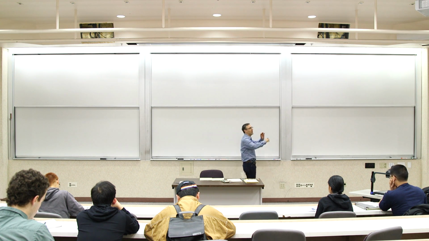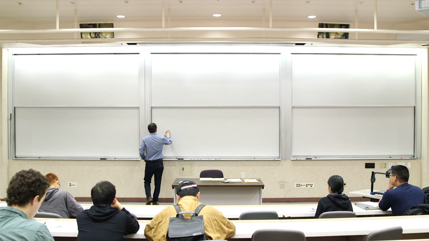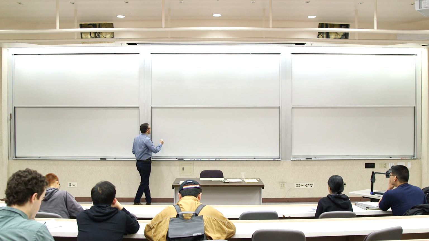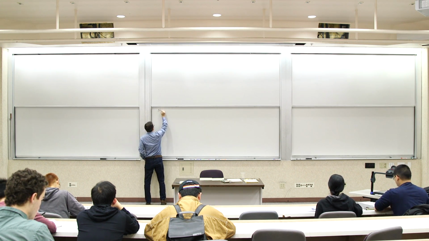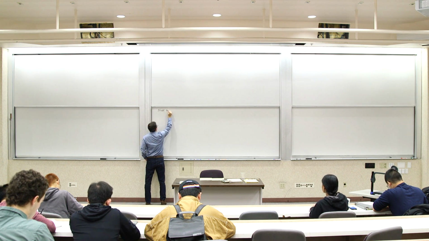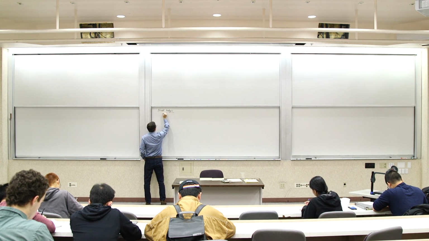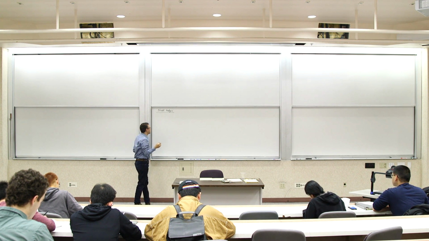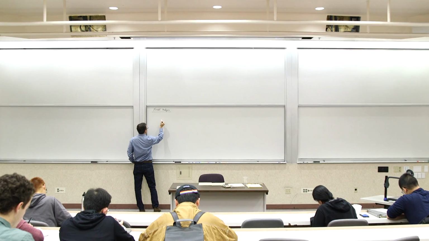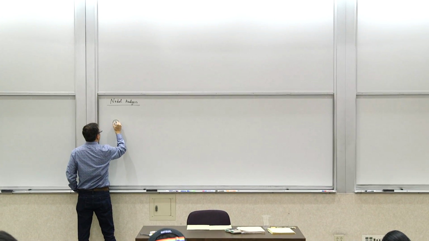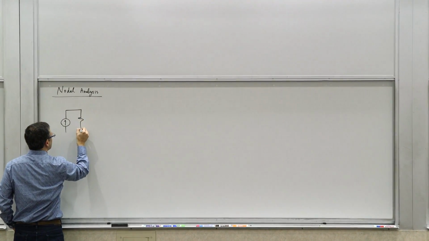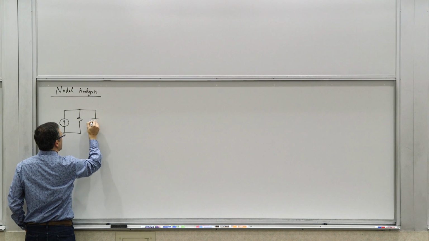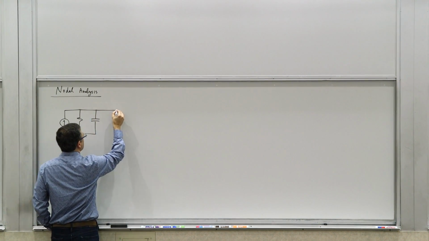The most general method of analysis for a circuit is what we call nodal analysis. So very quickly reviewing nodal analysis: if you had a circuit, a network with n nodes, let's make an example circuit here.